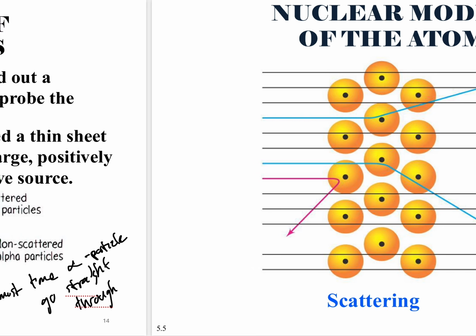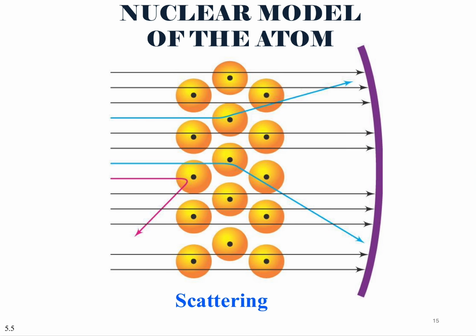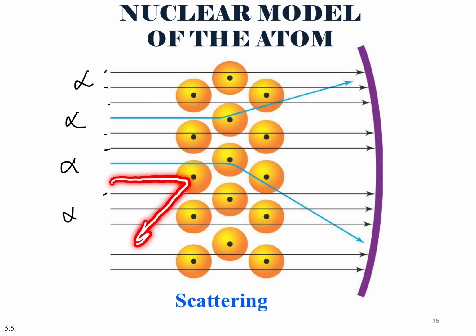And so what he devised was that, really, what's happening in this gold foil is that we have these atoms that are all bonded to each other. And most of the time, my alpha particles are just going straight through, which are all these black lines, right? All the black lines are the majority of the time, these alpha particles going straight through. However, every now and then, they perfectly line up with something that causes the alpha particle to either be deflected or scatter, right?